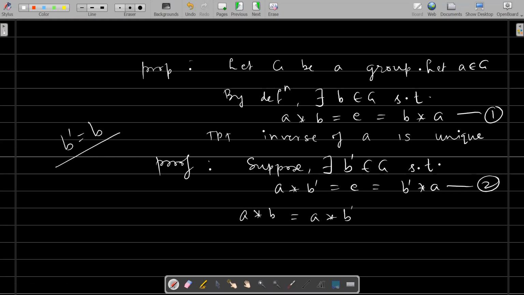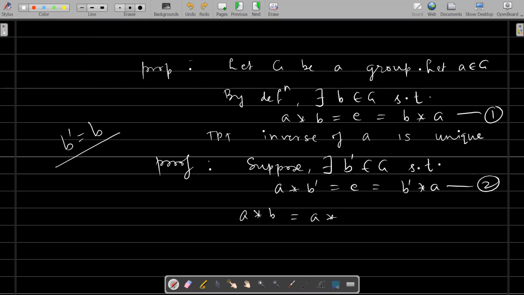Cancellation is not defined in the axioms, so we have to justify that cancellation. You can multiply both sides by B or B dash. Then the A times B and A times B on both sides will become E, and you will get B equal to B dash.